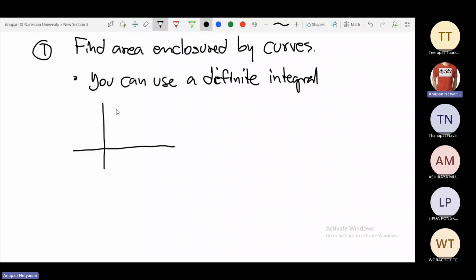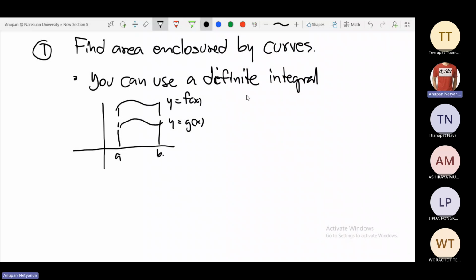if I have an area enclosure by these two functions, and it's from A to B, right?